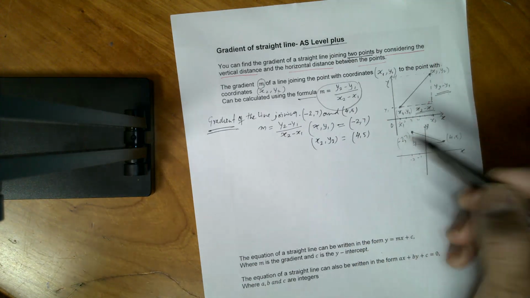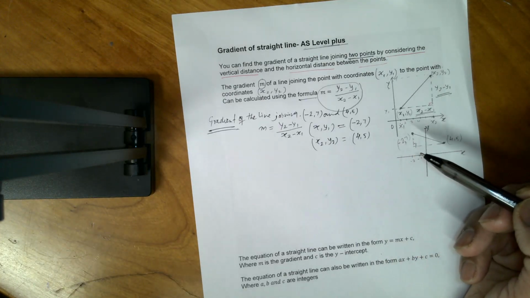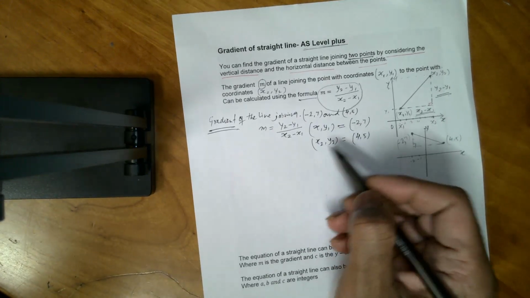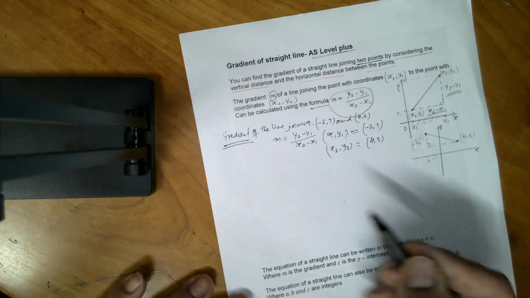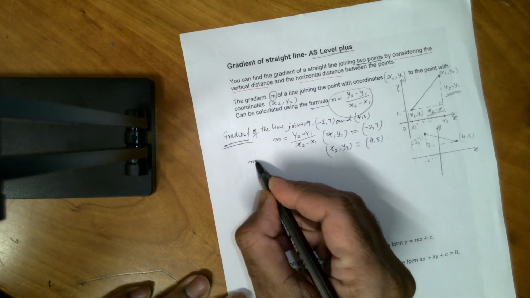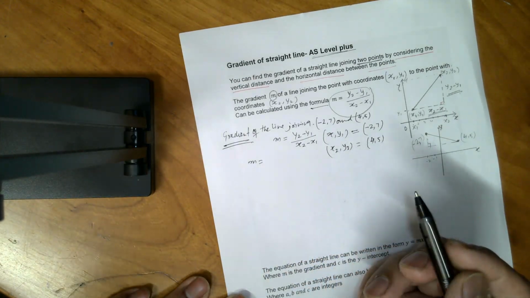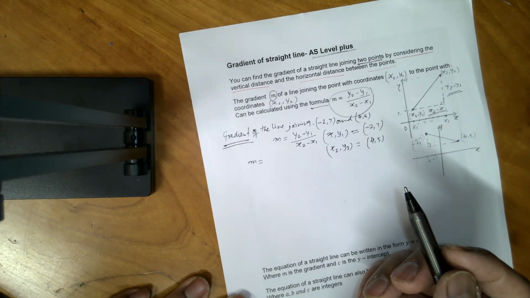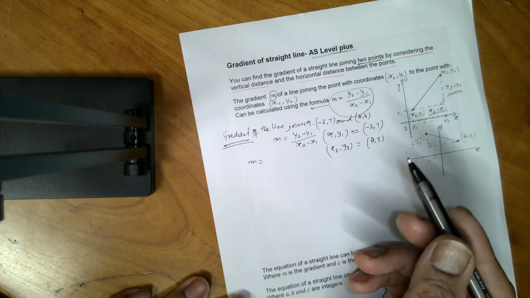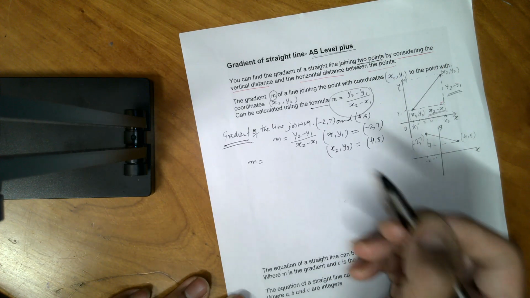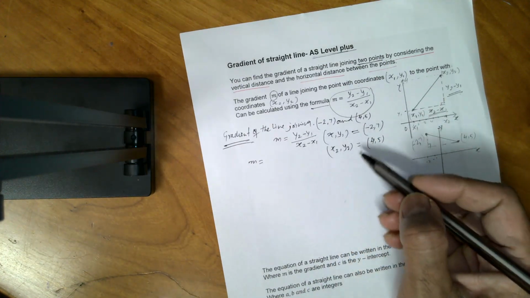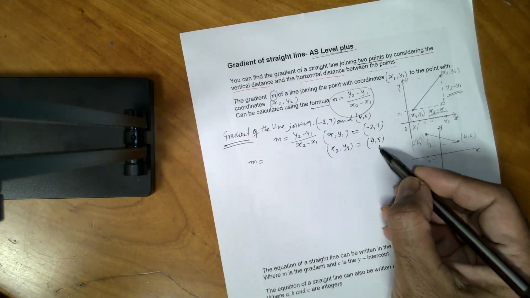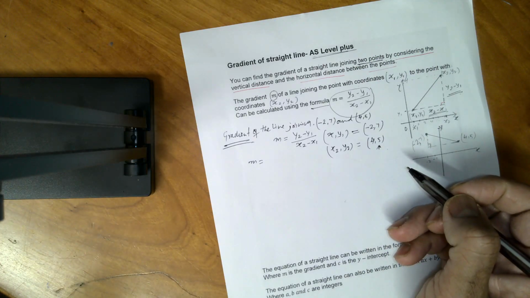Right. So once you know this, all you need to do is substitute these values into your formula. We write down m, which is the gradient of the line. What is your y2 here? Because you need to go with that one. So y2 here is 5.